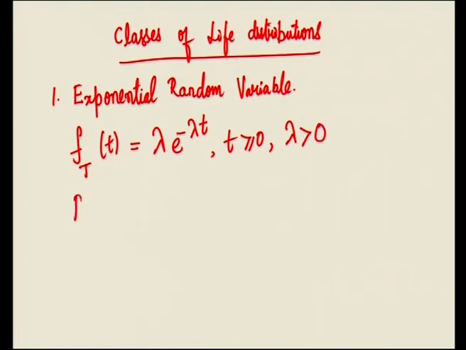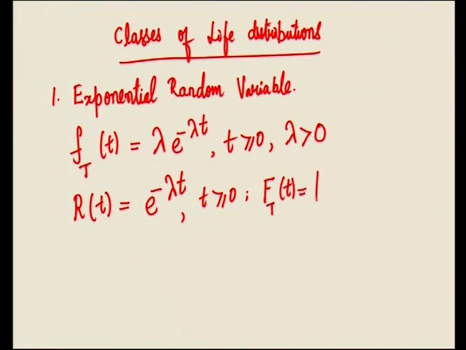The reliability function R of t, or the survival function, is given by e power minus lambda t, where t is greater than or equal to 0, and then its complement, the cumulative distribution function F_T of t, is given by 1 minus e power minus lambda t, t greater than or equal to 0.